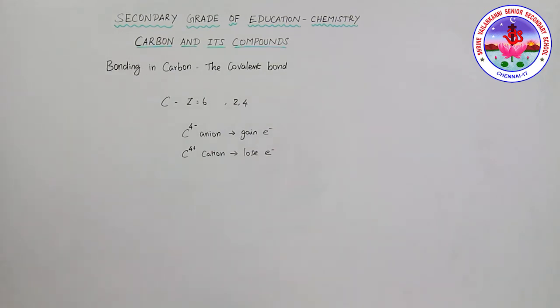So carbon overcomes this problem by sharing its valence electrons with other atoms of carbon or with atoms of other elements. Not just carbon, many other elements also share electrons in this manner. Sharing of electrons in the outer shell lets both atoms attain the noble gas configuration.